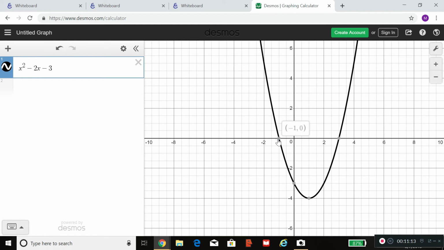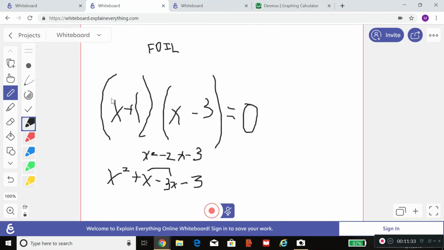First x-intercept is at minus 1 comma 0. Second x-intercept is at 3 comma 0. But you might be confused because this is negative 3 and this is positive 1.